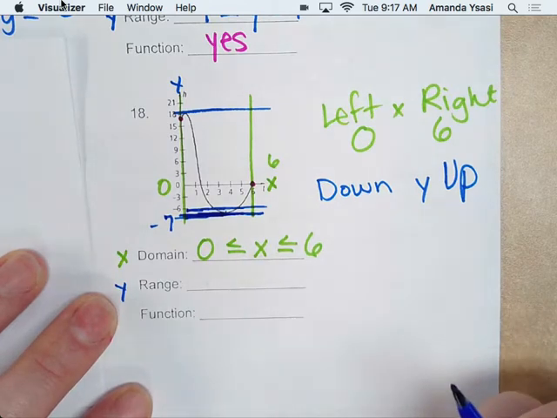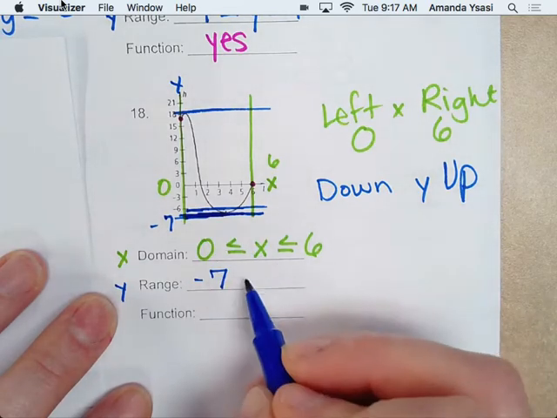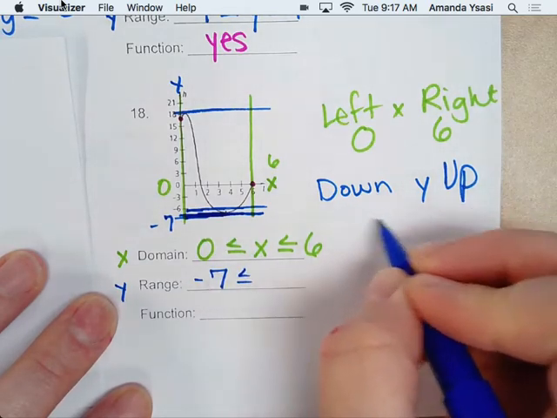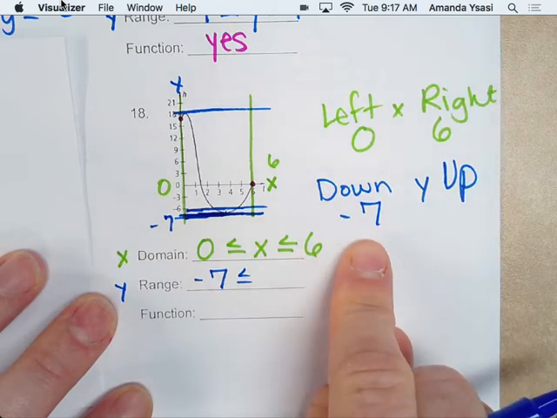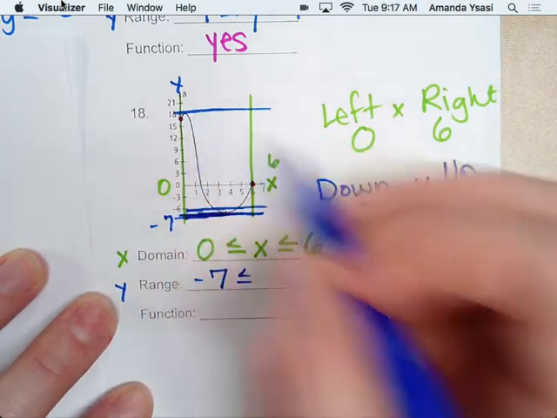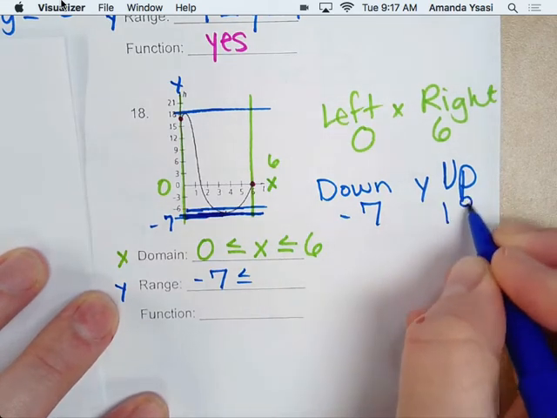So it's not -6. It's actually let's do -7, and it touches it. So less than or equal to. So how far down is -7? See how I'm putting down as -7, and then how far up? Is it past 18? Yeah. Yeah, let's do 19.